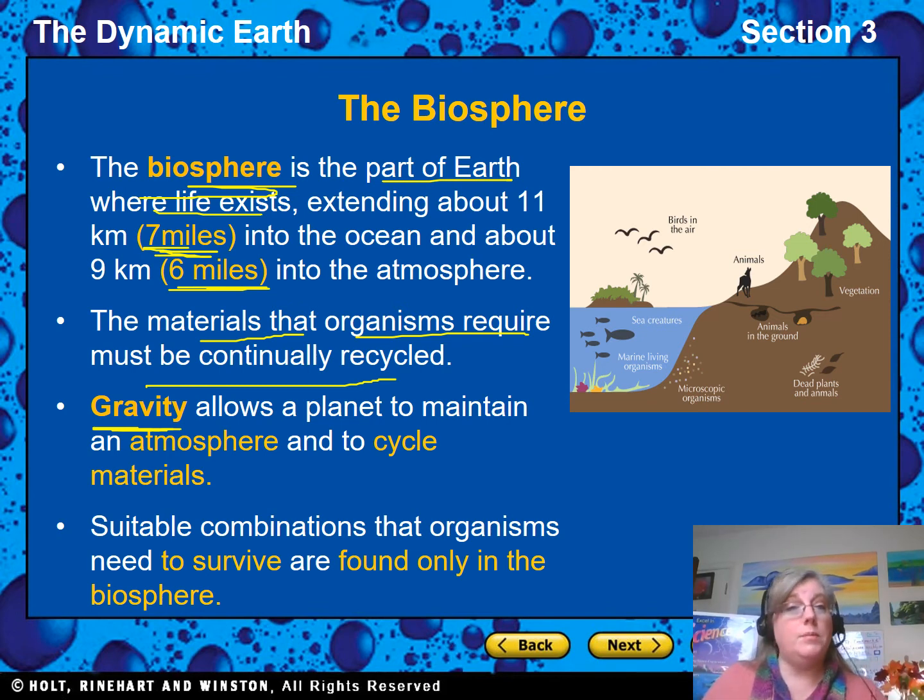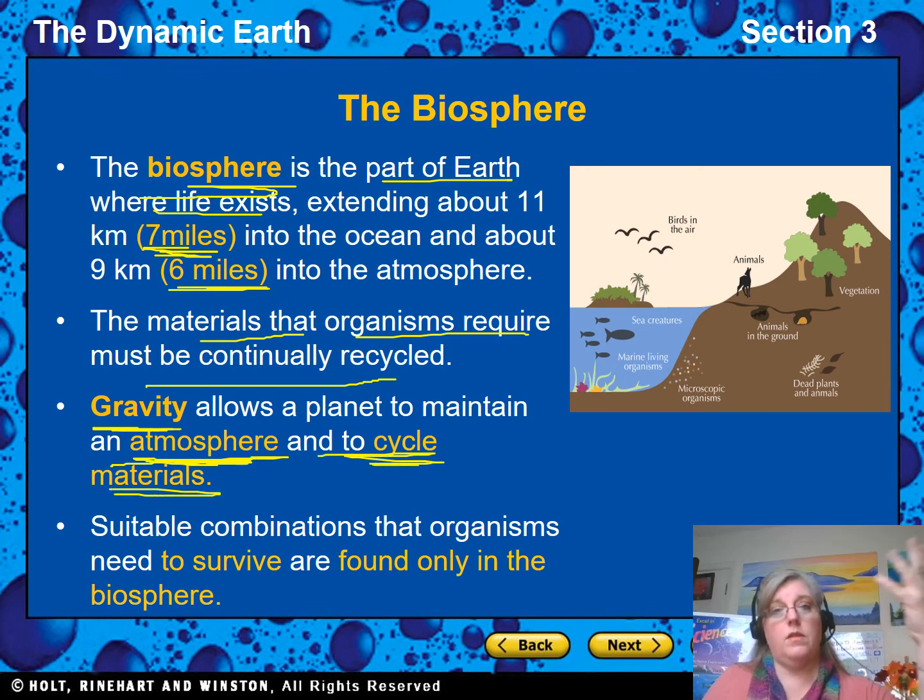Gravity actually helps with a lot of that cycling. Okay, it helps to allow a planet to maintain the atmosphere, and it also helps to allow the planet to cycle those materials like I was talking about.